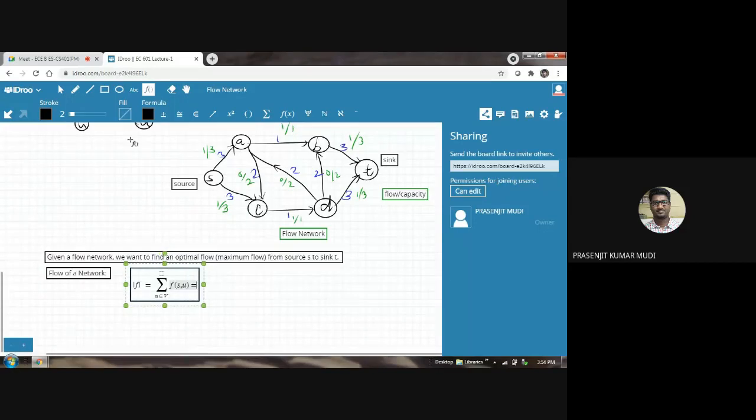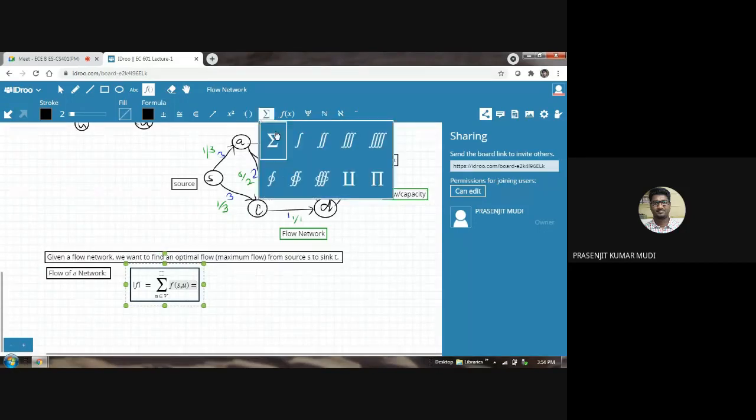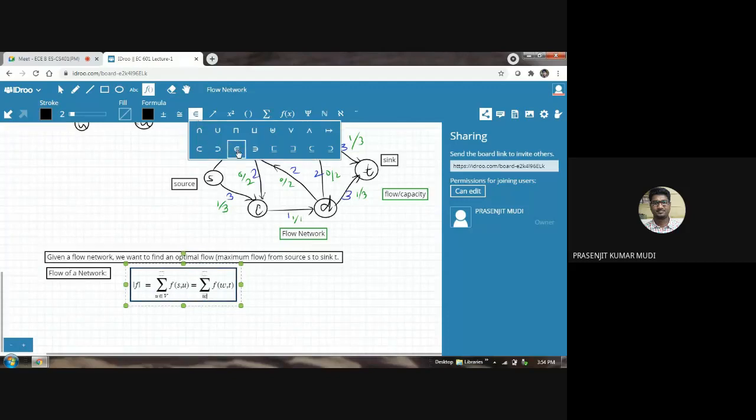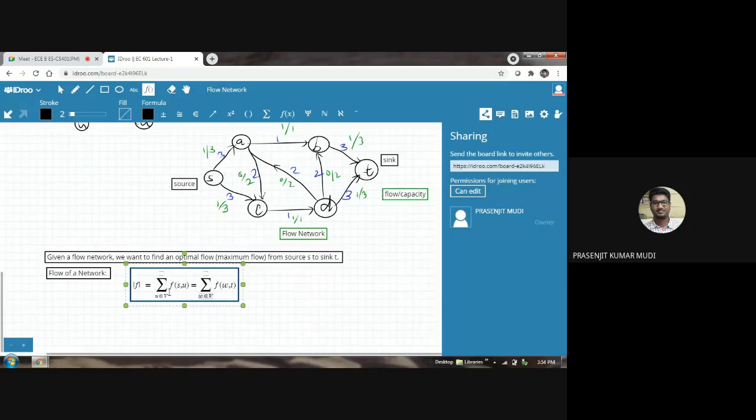And in fact, as the third property, that is the conservation of flow is maintained, so you can prove that this will be eventually the sum of all the incoming flows to the sink T. That means sum of f of W comma T, where W belongs to V. So this is the net outgoing flow, and this is the net incoming flow. So you can see that what are f of W comma T?